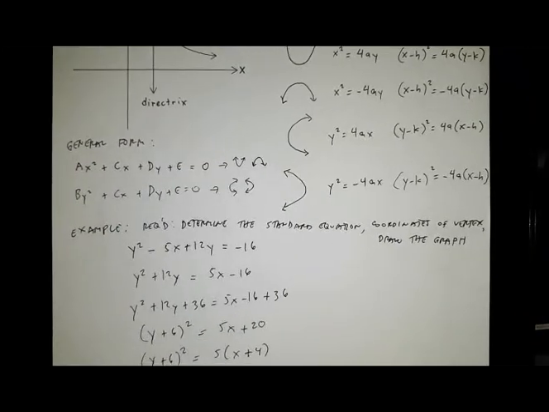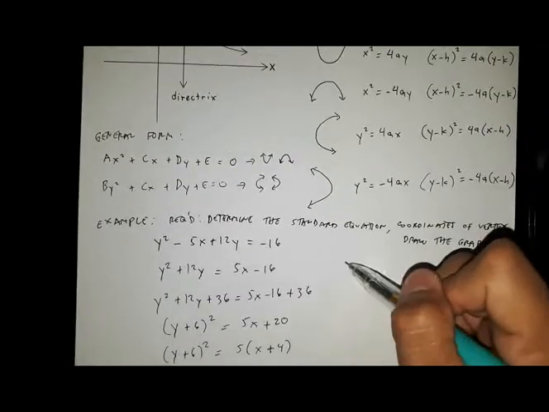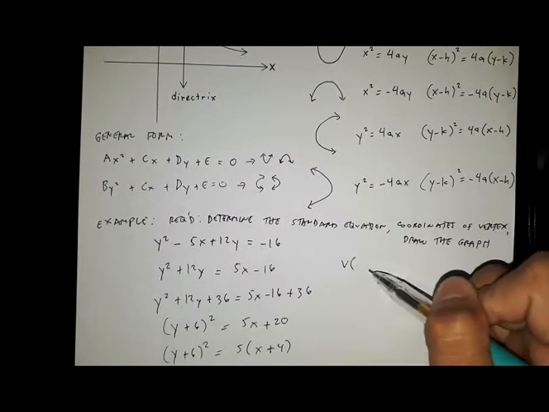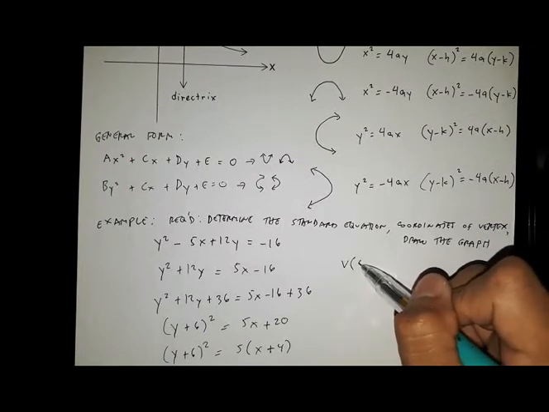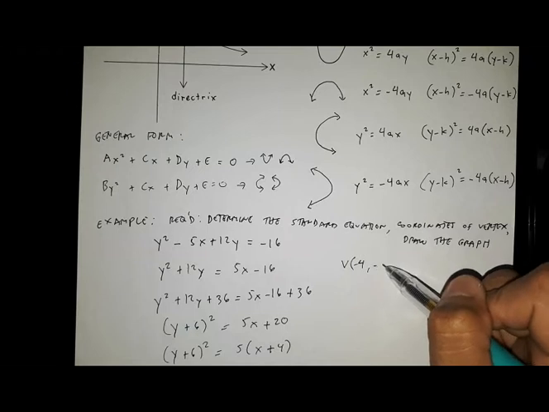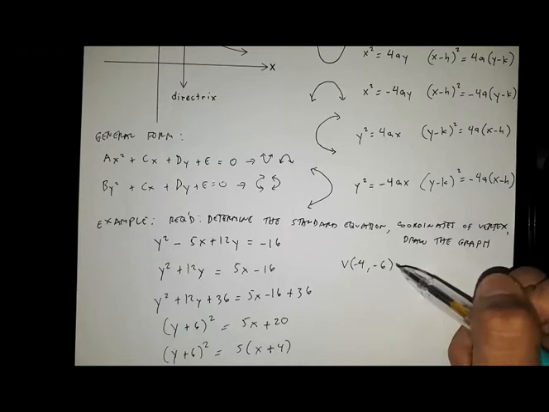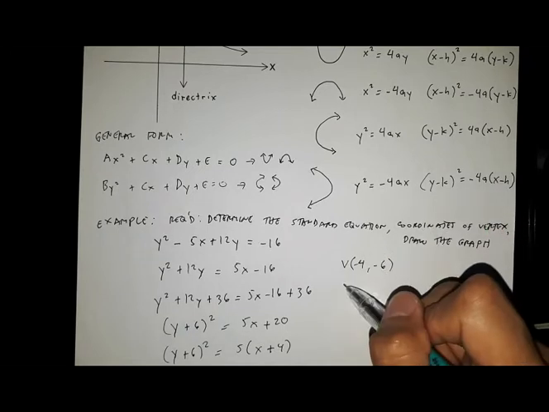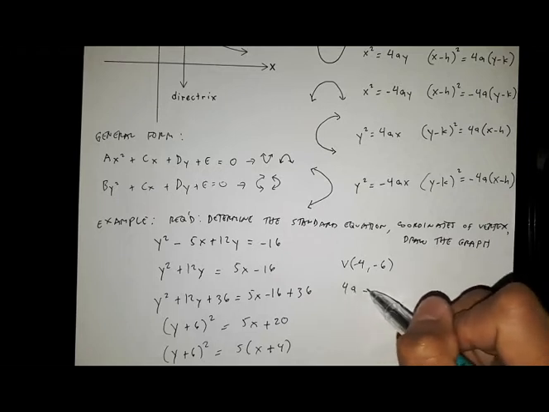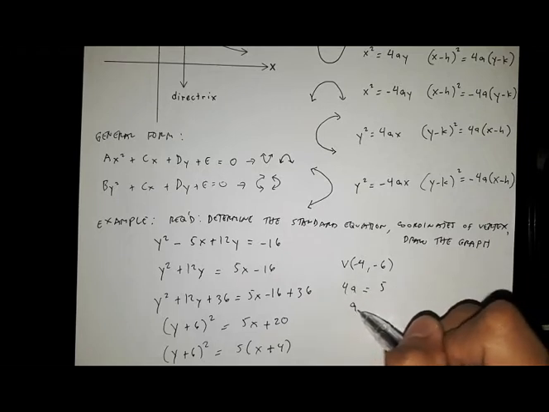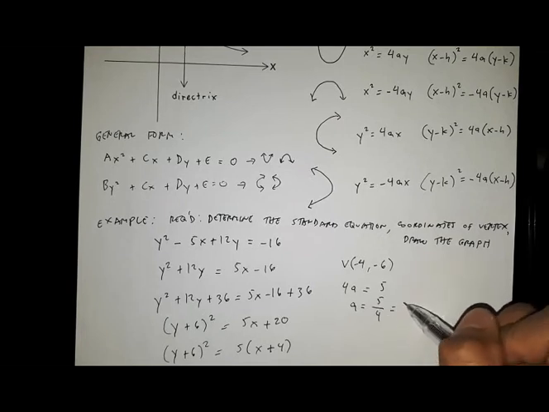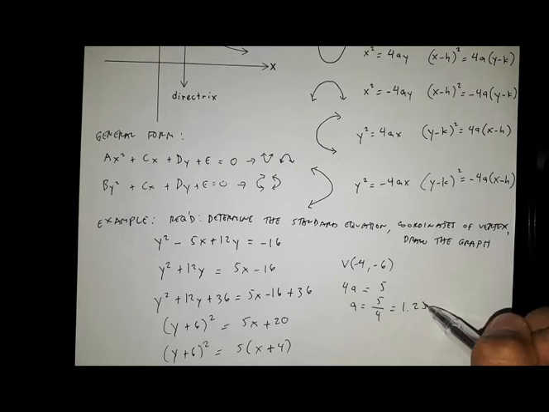Therefore, our vertex is at (negative 4, negative 6). Now, 4a is equal to 5, a equals 5 over 4 equals 1.25.